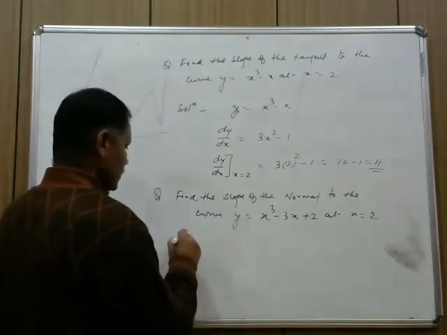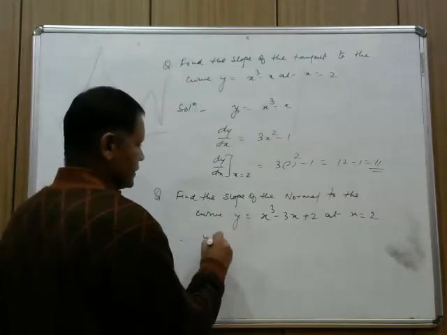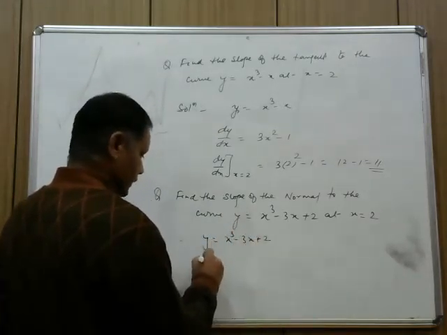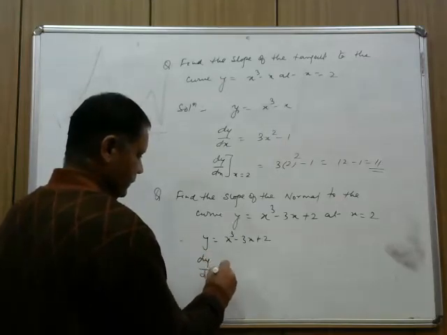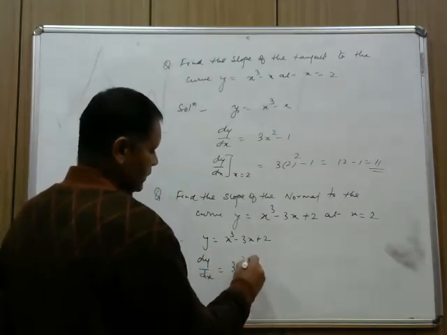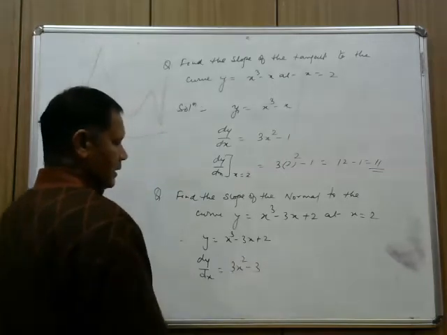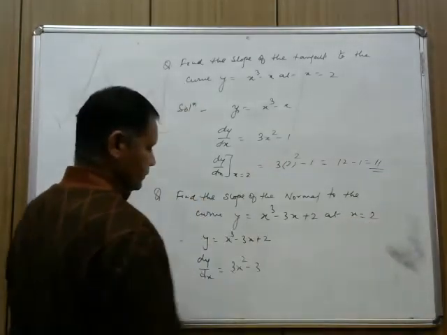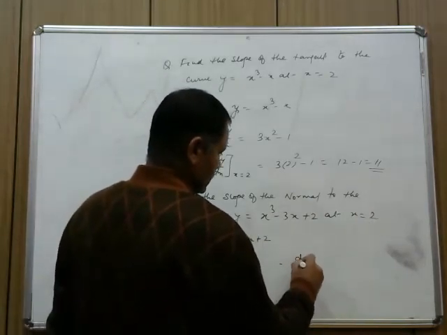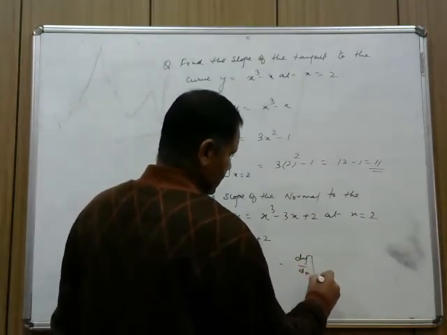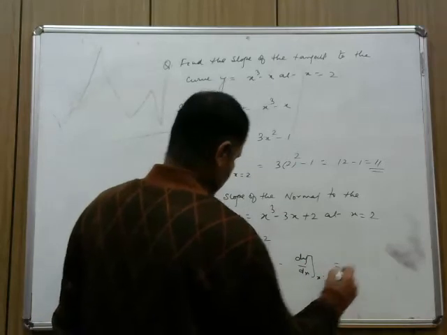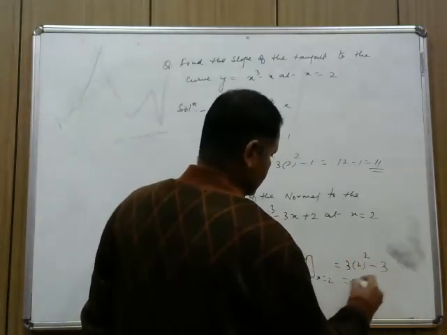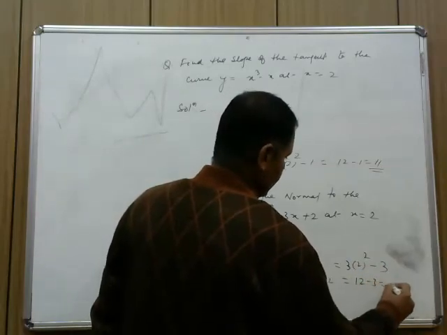So for the given equation we have y is equal to x cube minus 3x plus 2. Therefore dy by dx is equal to 3x square minus 3. Now we will find dy by dx at x equal to 2. dy by dx at x equal to 2 is equal to 3 into 2 whole square minus 3, 12 minus 3, 9.